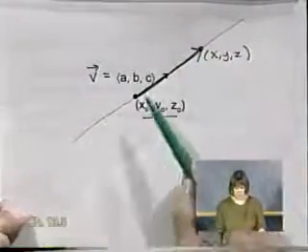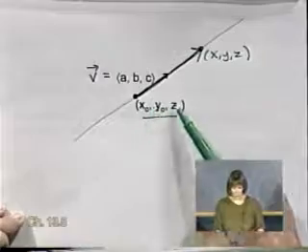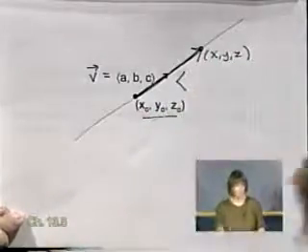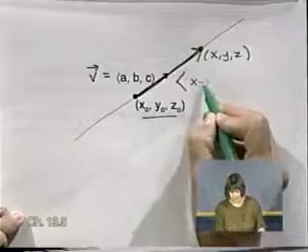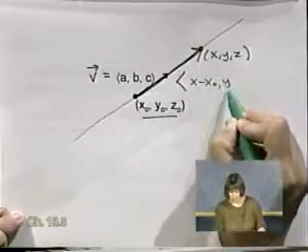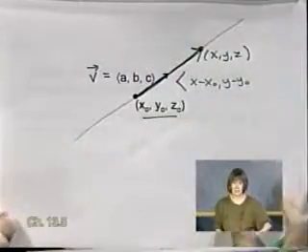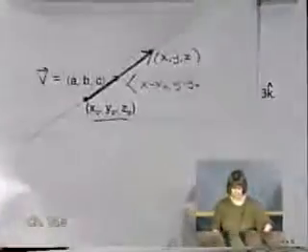How could I represent the vector that goes from x naught, y naught, z naught to x, y, z? We know you subtract, terminal minus initial. So its x component would be x minus x naught, its y component would be y minus y naught, and its z component would be z minus z naught.